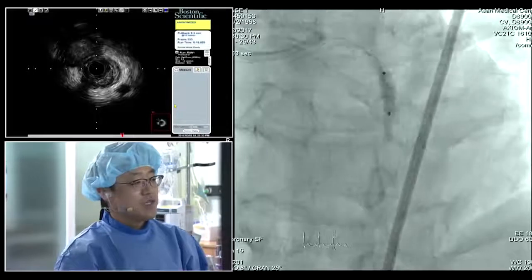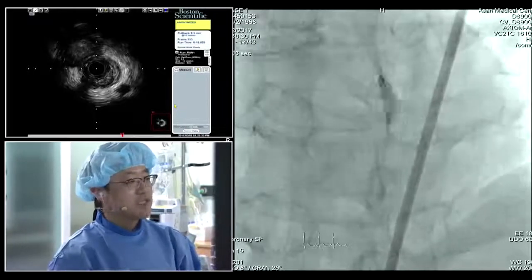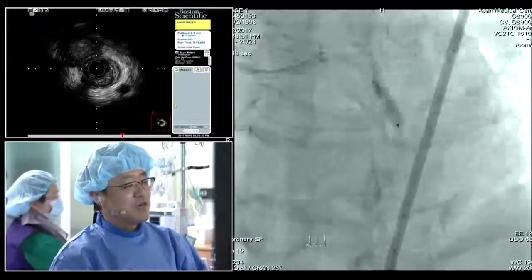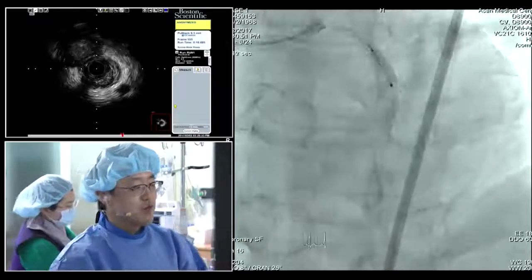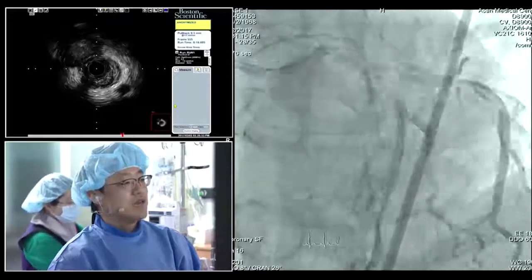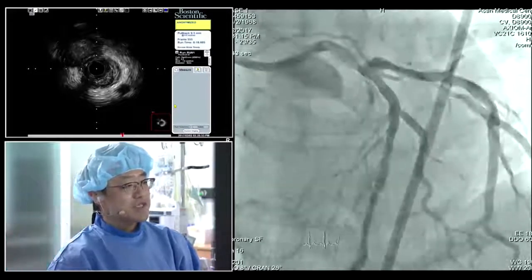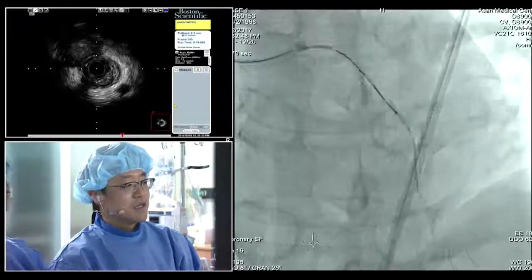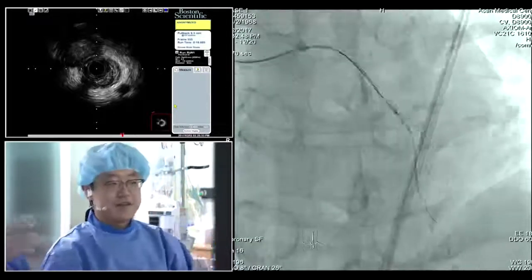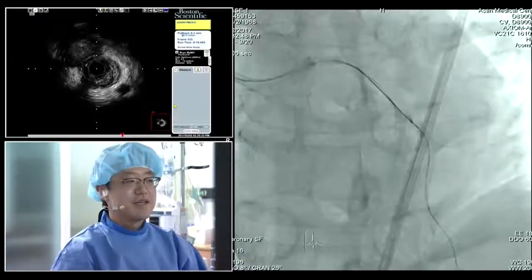And then we did some more high pressure balloon, and next. And then we did the POT to make sure of the POT area. Okay, next. And then look at the angio view, and then next. Quite good, right? Yes. Before crushing the diagonal LAD, and still quite good angiographic findings.